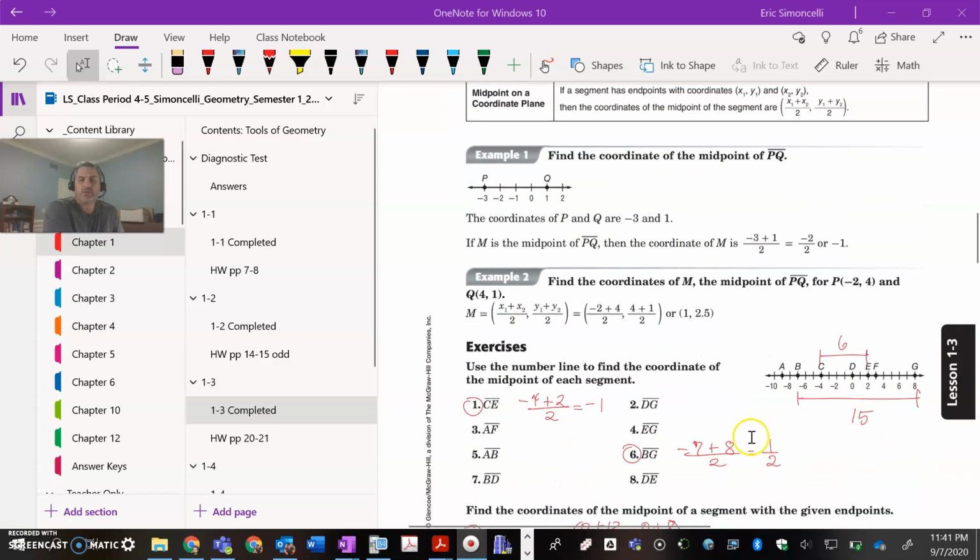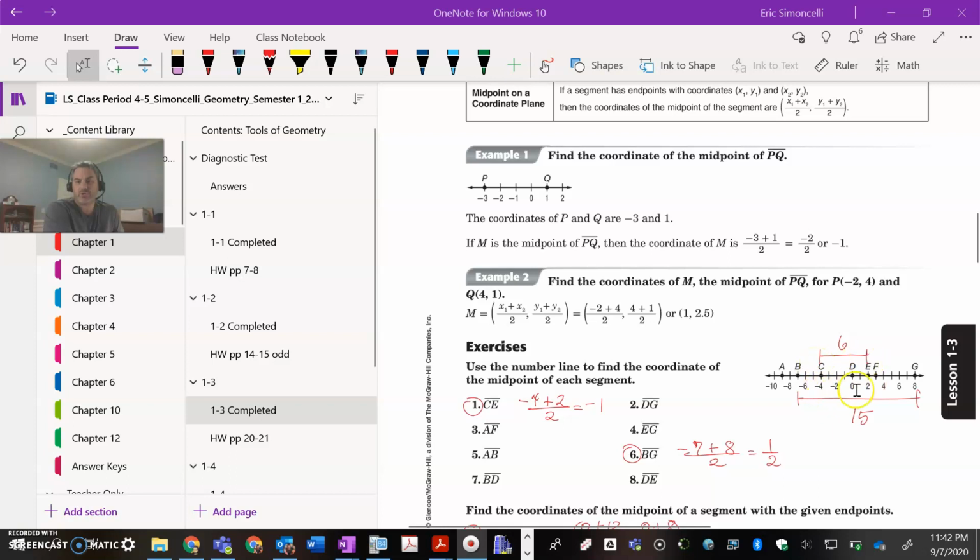Moving on. So we'll do numbers 1 and 6. It says use the number line to find the coordinate of the midpoint. So from point C at -4 to point E, 2. Now, I can already see the distance between: we've got a distance of 4 plus 2, so that's 6 total units.